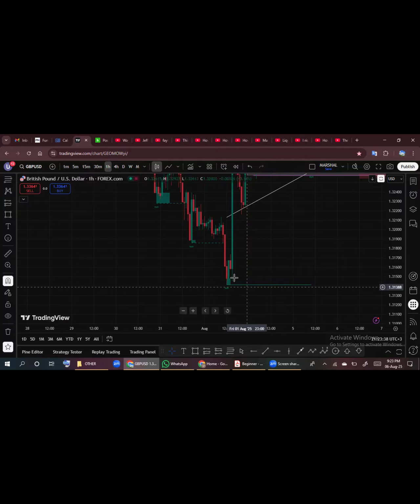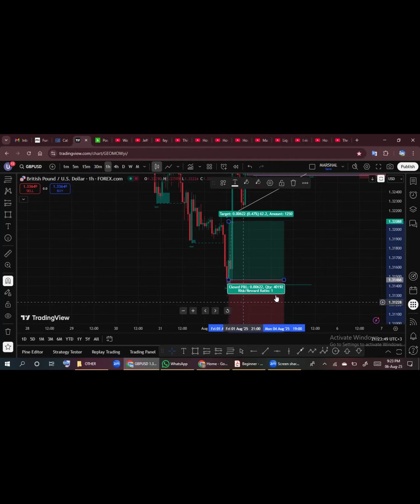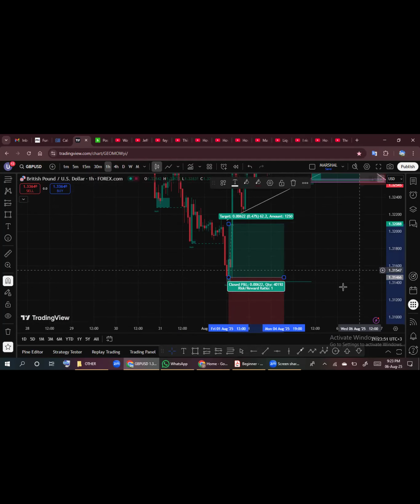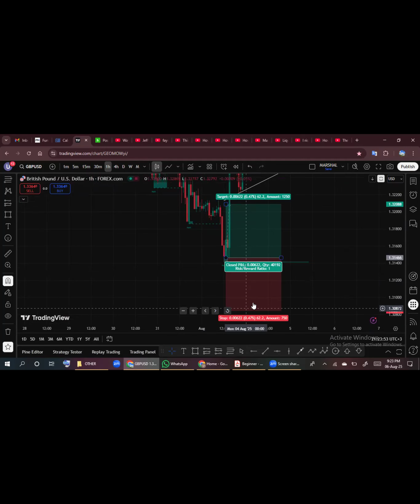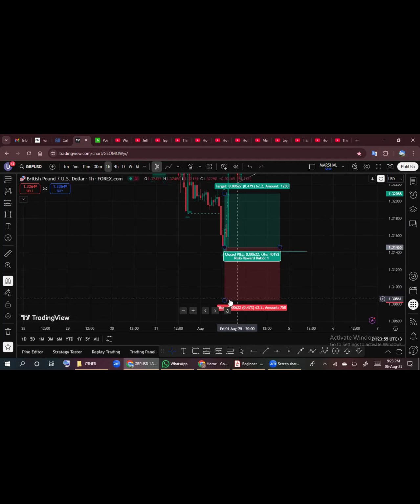In fact, it's on these kinds of trades that you enter with what we call the sniper entry. You can enter here and your stop loss will just be 10 pips so that you can maximize your lot size.